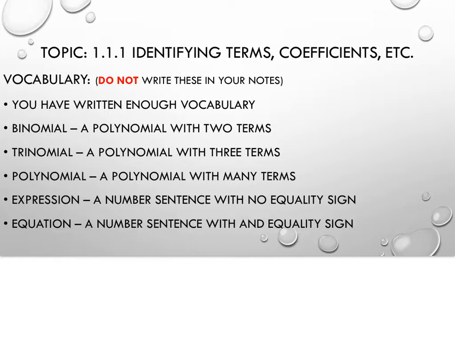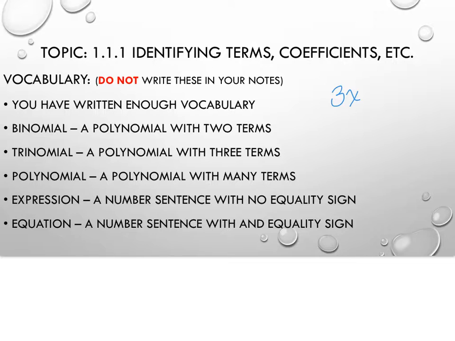Okay, the rest of this vocabulary, you've already written quite a bit, so instead of writing these down, let's just go through them. They kind of build on each other anyway. So we talked about a monomial being a number sentence with one term. So let's say 3x is our monomial.